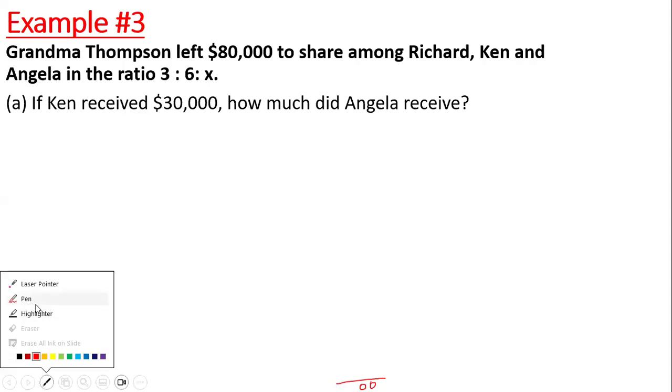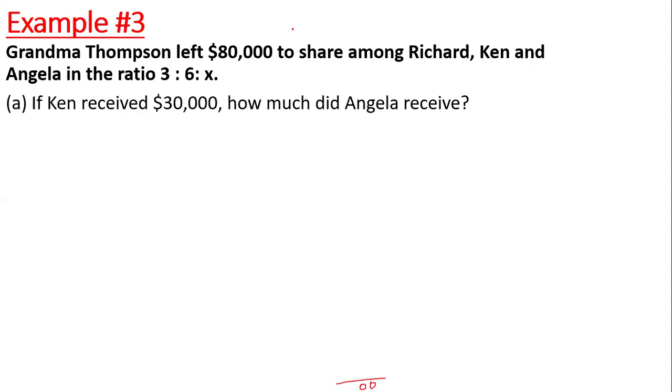So the way we do this is we know that Richard is how much? How many shares for Richard? 3 shares. Very good. How many shares is for Ken? 6. So Ken is 6 shares.